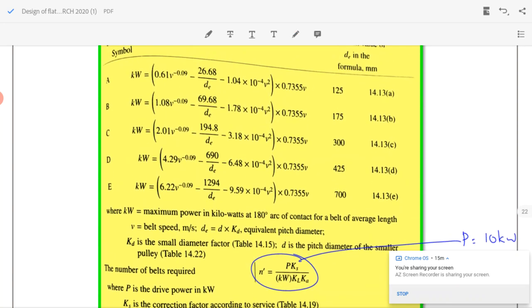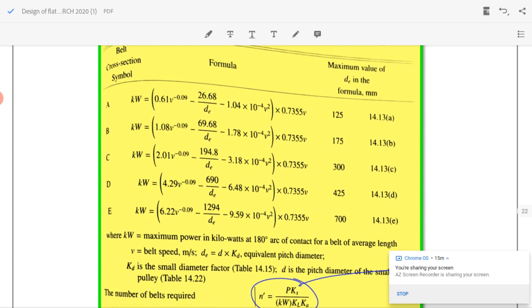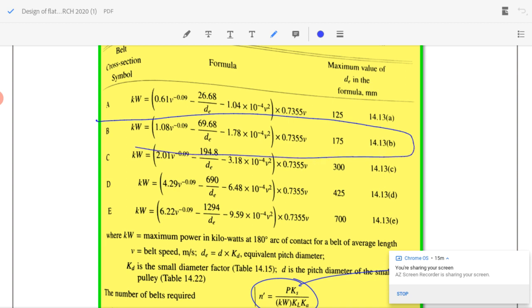Now we see here for type B, my equation for Kw is equation 14.13b, where velocity can be written as pi dn by 60 equal to pi into diameter of the motor pulley 200 mm, 0.2 meters, into its speed 750 rpm divided by 60, and you will get 7.85 meters per second.